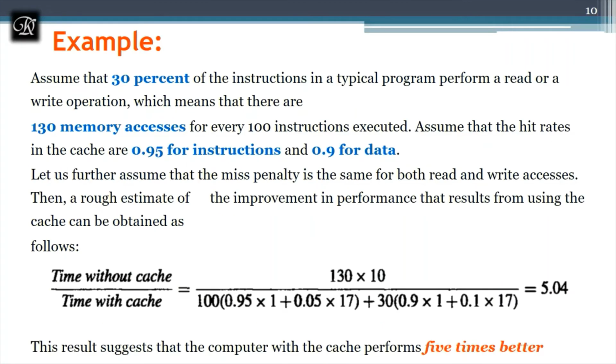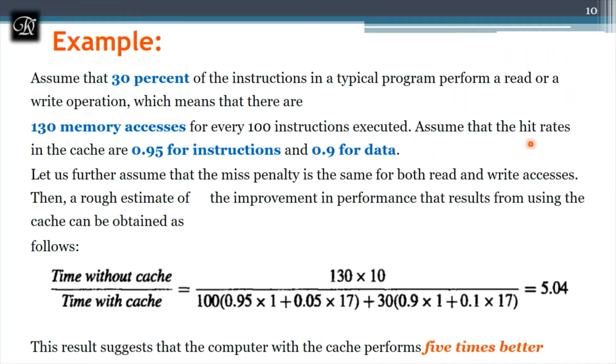Continuing, assume that 30% of the instructions in a typical program perform a read or write operation, which means that there are 130 memory accesses for every 100 instructions executed.